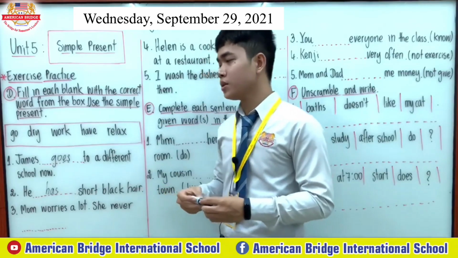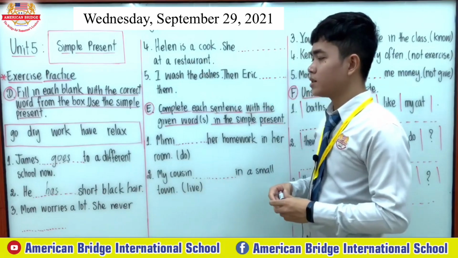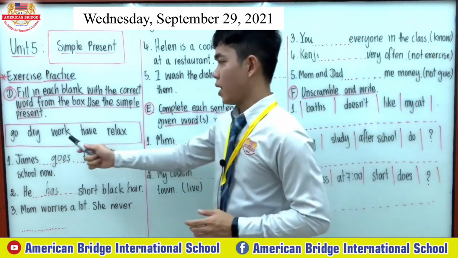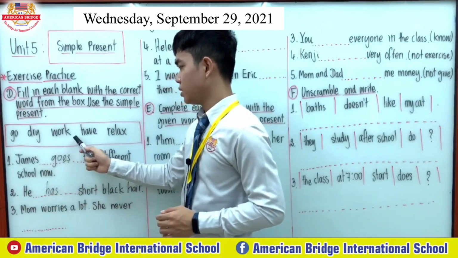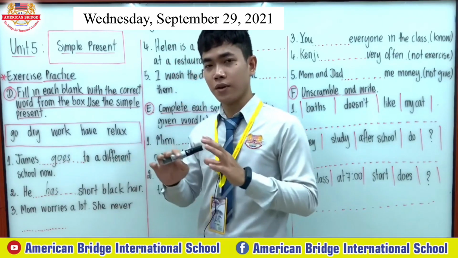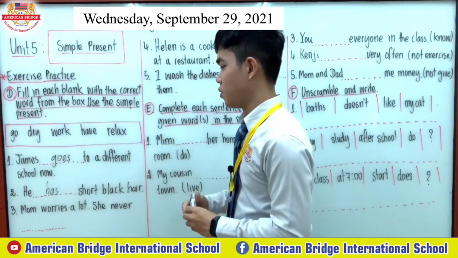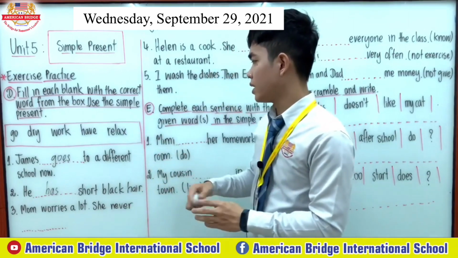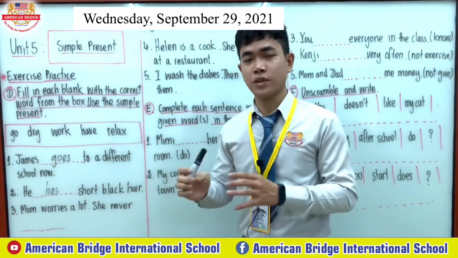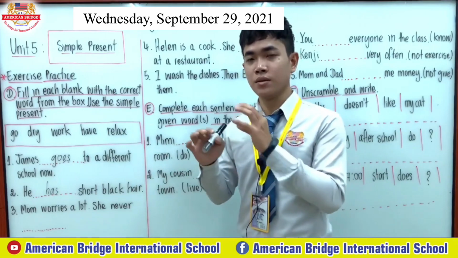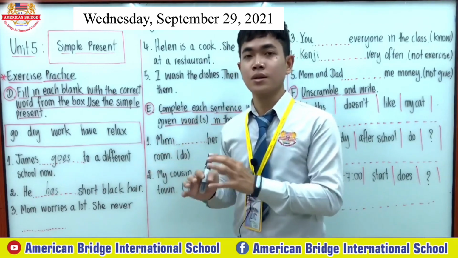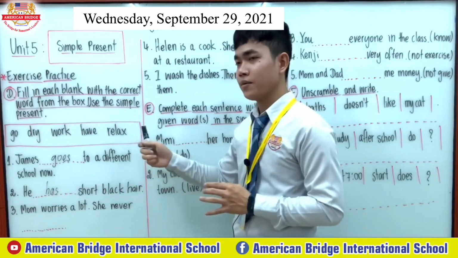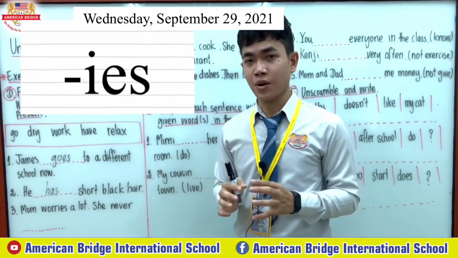Okay, now move to number three. Number three is: mom worries a lot. She never try, she never work, she never relax. Which one, everyone? The word relax is the correct one, right? But look at the verb relax, everyone. It ended with the letter X. Any verb used with a singular subject like he, she, or it, we need to add s, es, or ies.